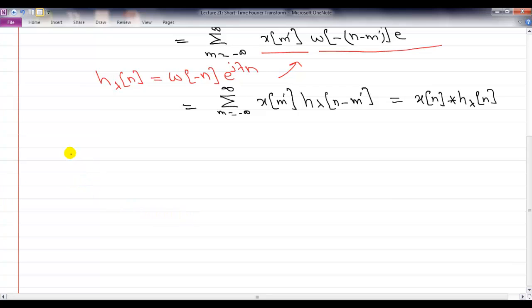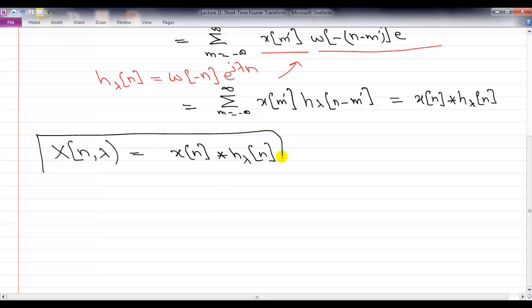So what this means is that the short-time Fourier transform X of n, lambda is nothing but the convolution of x of n with this h lambda of n function. Okay. Now, let's look at the effect of this interpretation. What does this interpretation give us?